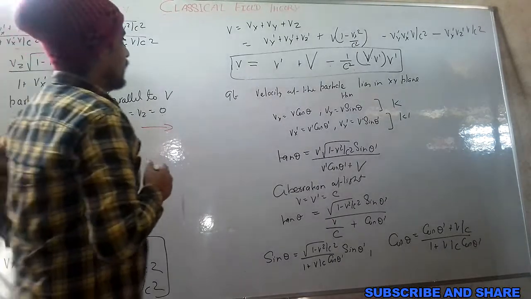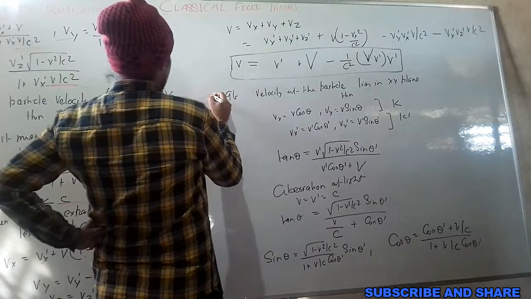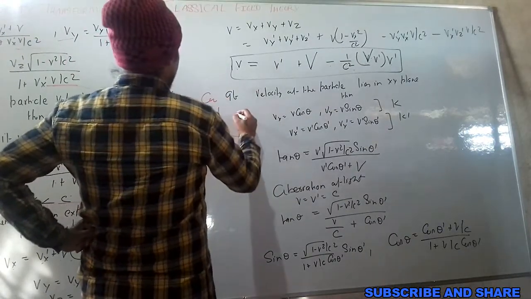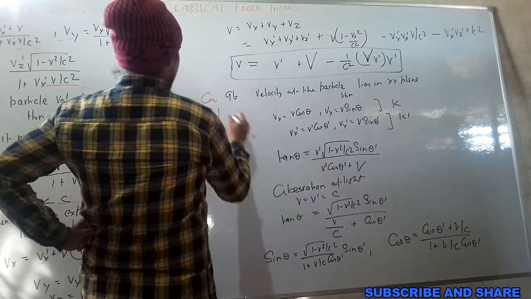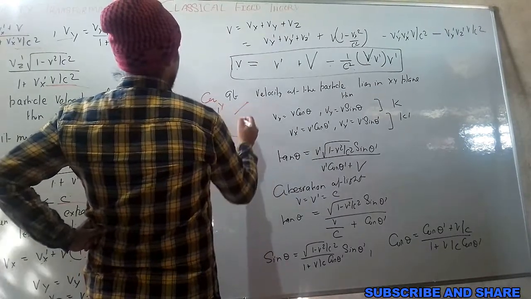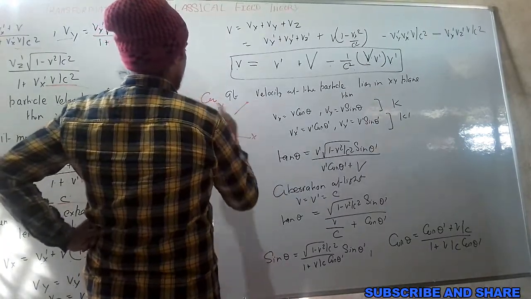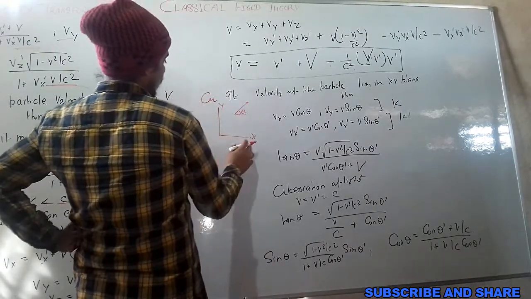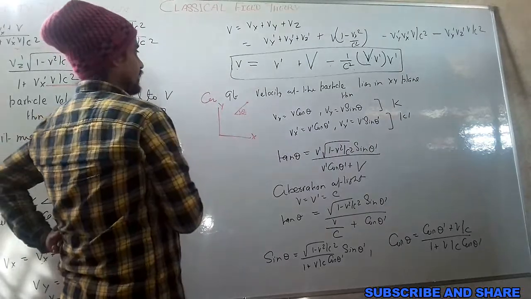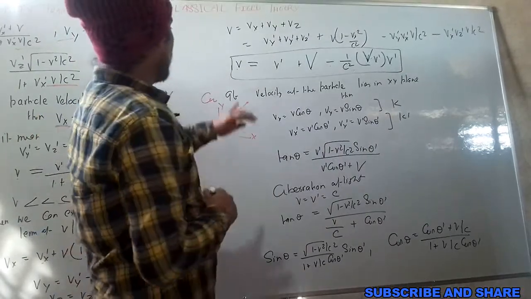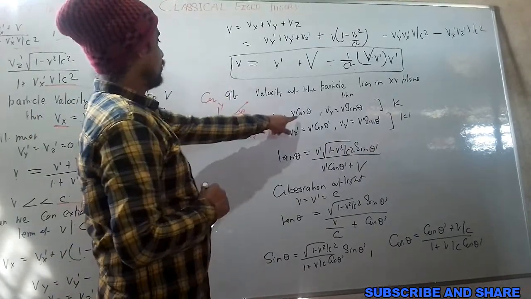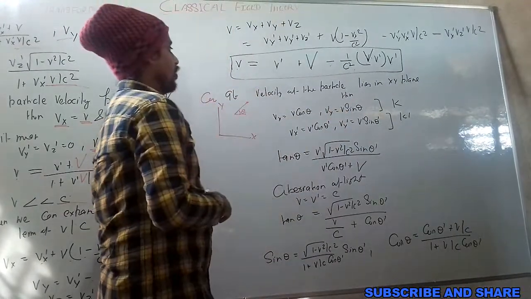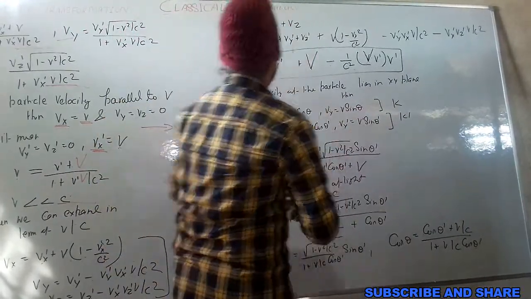Now suppose there is another case where the velocity of the particle is in the xy plane and it is moving, and its velocity is making angle theta with the x-axis. Then we can write Vx is equal to V cos theta and Vy is equal to V sin theta for the k reference frame.